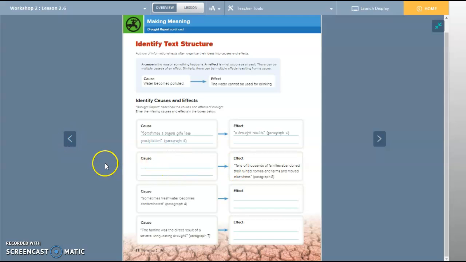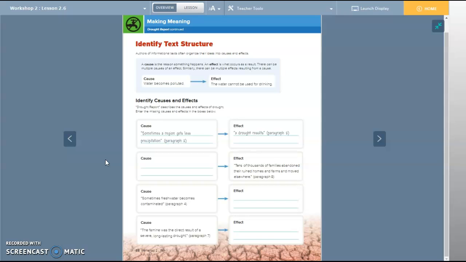Back in paragraph 8 on page, hold on, I'm opening the book because it's easier to open the book than it is to change the page on the computer. Paragraph 8 of page 86.